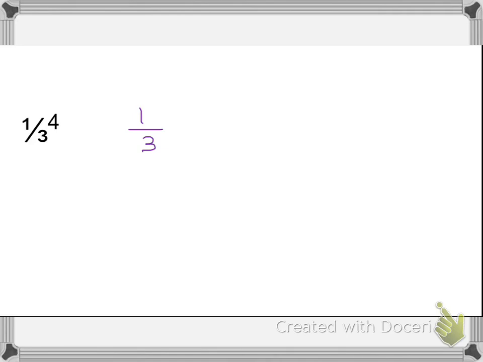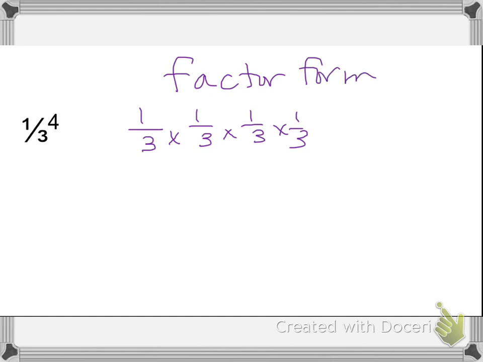The exponent of 4 tells me that I am multiplying that 4 times. So it's 1/3 times 1/3 times 1/3 times 1/3. So this would be my factor form of this number, where I have written it out in all of its factors. Now I'm going to multiply it and find my standard form.